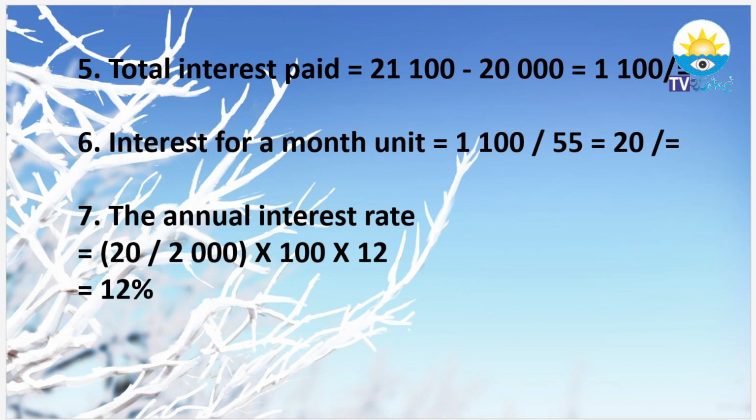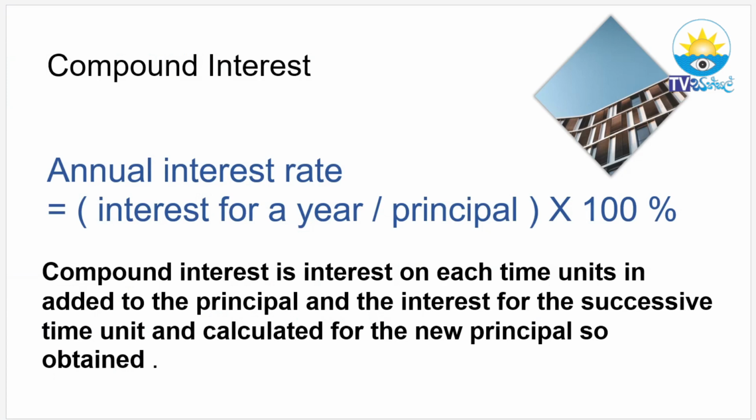Let's move to the next topic we have to complete today, which is compound interest. That is the new matter that you are going to learn in grade 11. I would like to recall the facts you have learned under the interest lesson in grade 9 and 10.